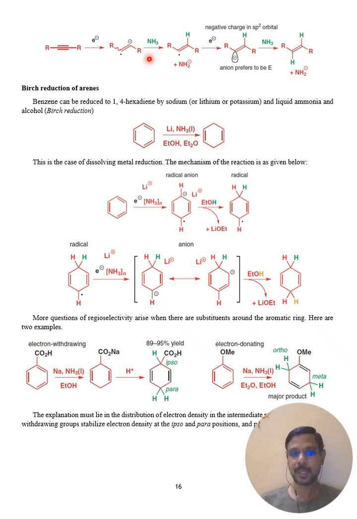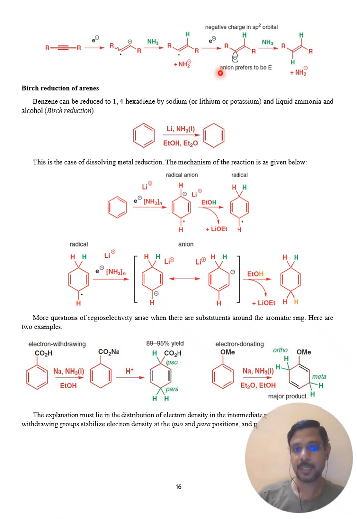And then the anion will take one proton from the ammonia, and the hydrogen is added and it gives an ammonium ion, and there is another electron which is coming from the metal, right? And the two electrons combine and it produces a carbanion. That carbanion abstracts the proton from ammonia and it generates the alkene, that is the trans alkene.